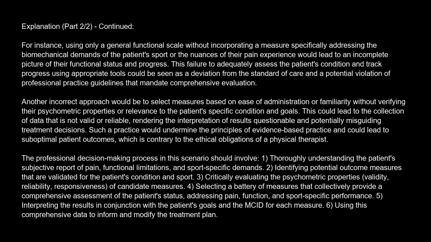For instance, using only a general functional scale without incorporating a measure specifically addressing the biomechanical demands of the patient's sport or the nuances of their pain experience would lead to an incomplete picture of their functional status and progress. This failure to adequately assess the patient's condition and track progress using appropriate tools could be seen as a deviation from the standard of care and a potential violation of professional practice guidelines that mandate comprehensive evaluation.